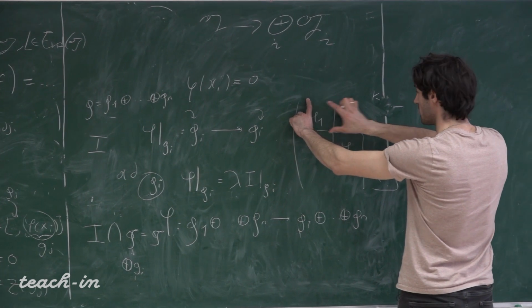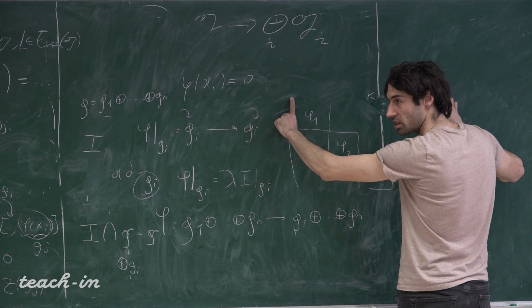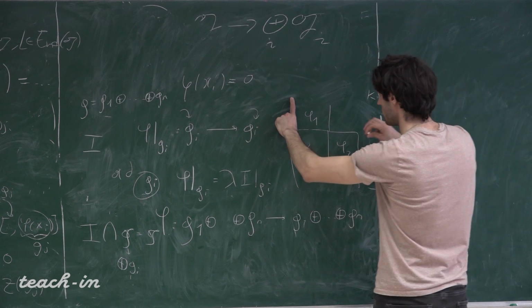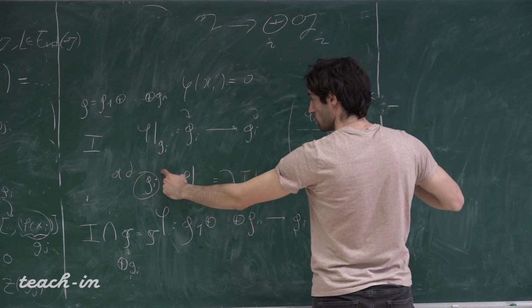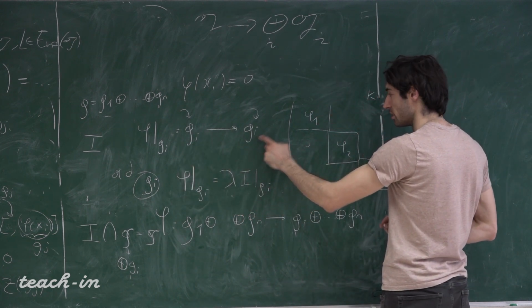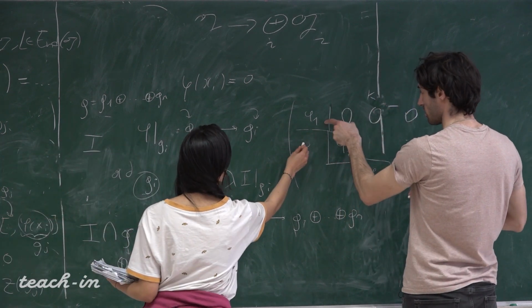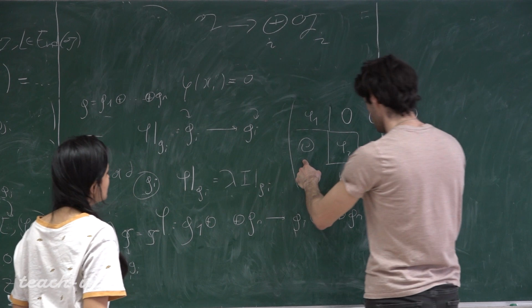This whole row of blocks corresponds to phi restricted to G1. But you proved that you cannot go outside of G1. Therefore, all these blocks are zeros, and the only thing is phi_1. And here also zeros.